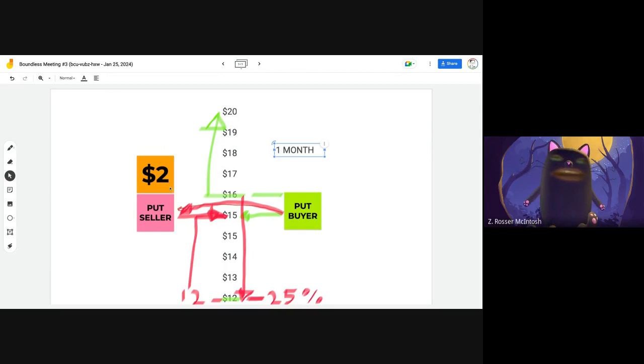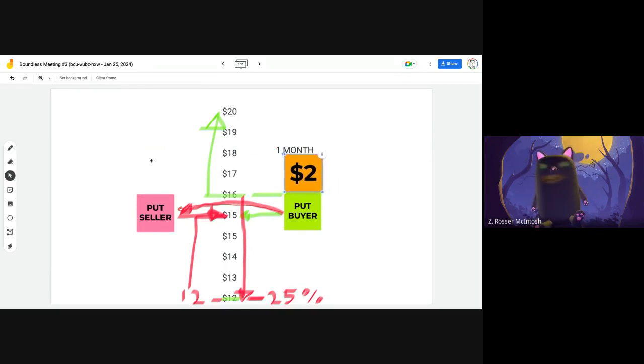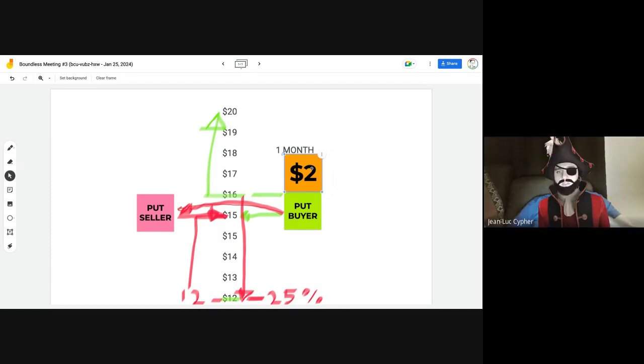For me as the buyer, if I own this stock, for example, this benefits me because even though I bought it at 16, because I have a put at 15, my risk on this stock is $1 plus the cost of the put. So $3.